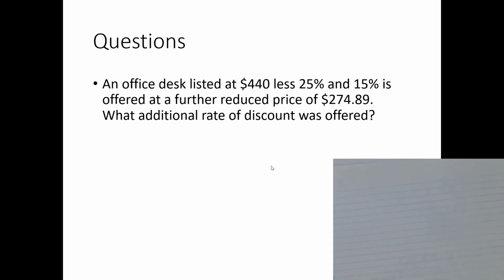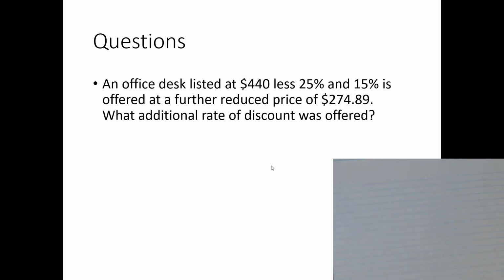And we got one last question to round this all out. We have an office desk listed at $440, less a couple of discounts. It is offered at a further reduced price, so it's got a third discount in there, of $274.89. A couple of different ways you can work on this. You could work through it as multiple discounts, where you're solving for the third discount, and use that formula.